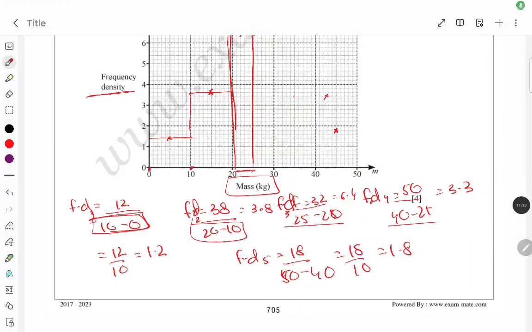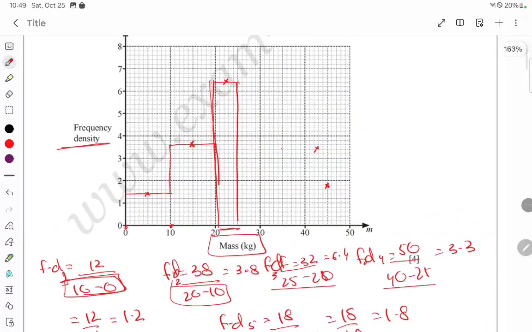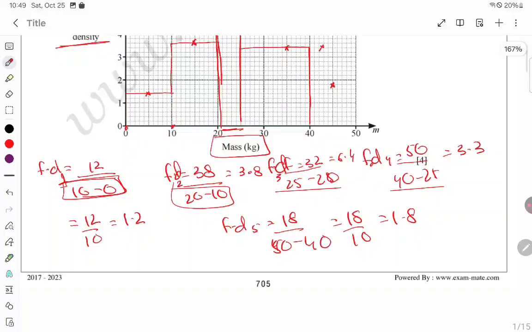Now for 25 to 40, it will be 3.3, and from 40 to 50, it is 1.8.